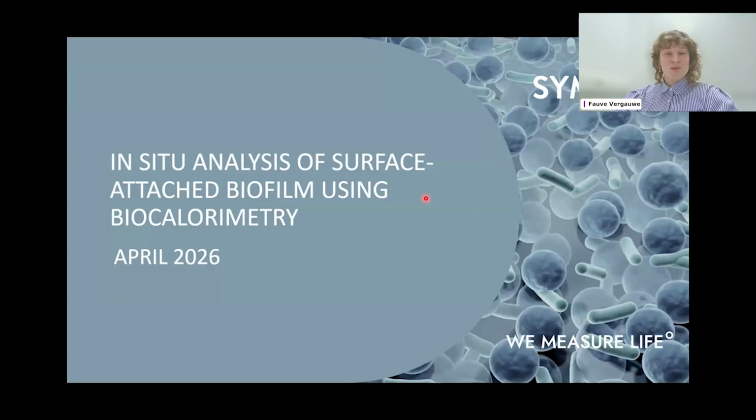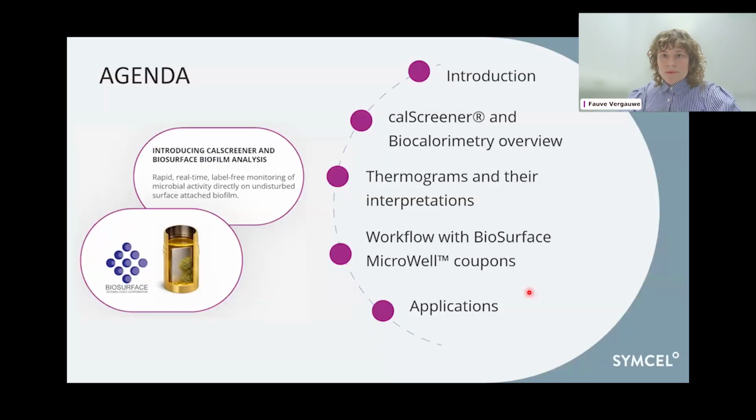And I'm also excited to now build further on Stephen's presentation by sharing how we implemented his system and combined it with microcalorimetry to analyze surface-attached biofilms. Okay, so just wanted to give a brief introduction first on Symcel and also on the calScreener and how biocalorimetry works.